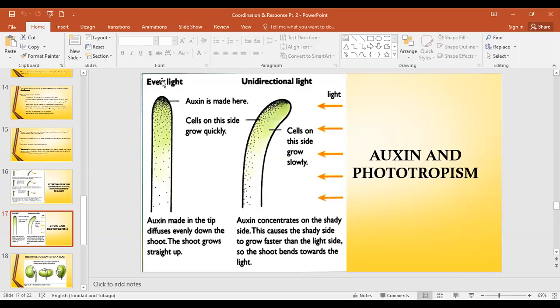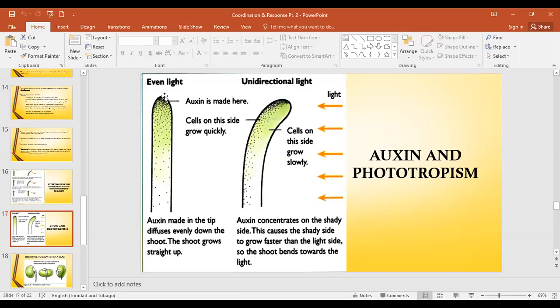Now, in even light, meaning that if light falls evenly on the shoot, you will see how these little auxins, characterized by the little black dots, eventually and evenly diffuse down the shoot. Everywhere the auxin diffuses is going to grow, because that is the effect auxin has on those cells.